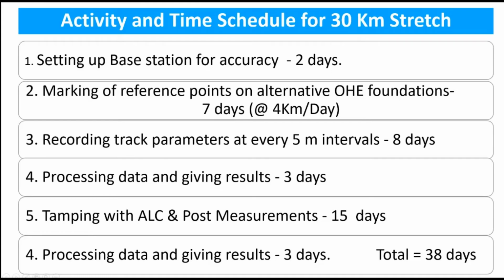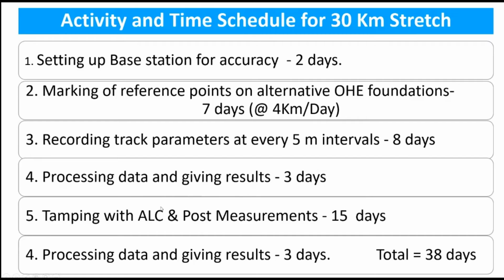So this is very big work, and these reference points will be available for all time to come, so whenever we have to do it again, we can use them. Then recording of track center line coordinates at every 5 meter interval requires 8 days. Then processing of data for design profile and giving the result takes 3 days.